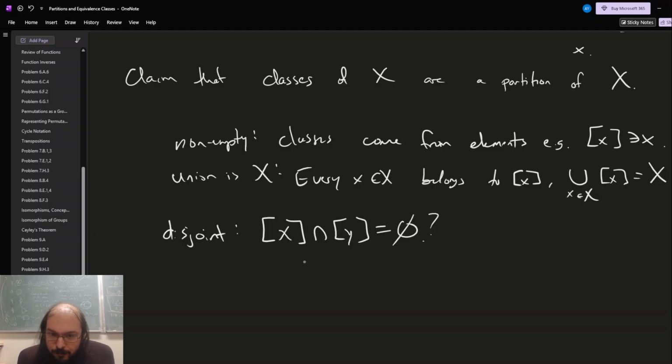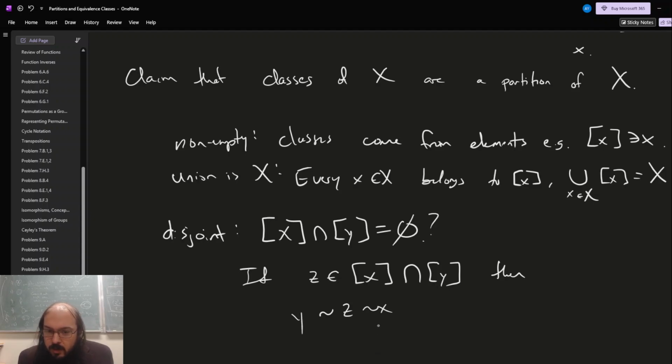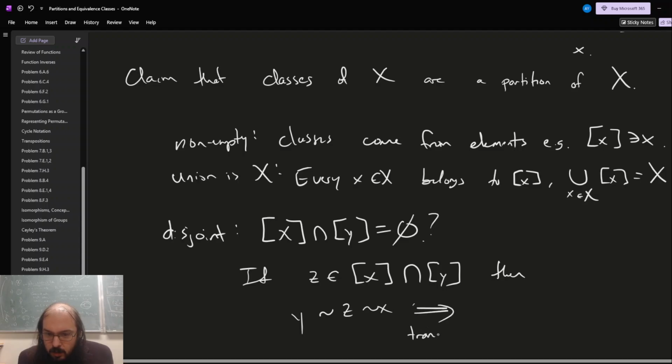But if these things are non-empty, so if we have some Z in the class of X and the class of Y, then Z is equivalent to X and Z is equivalent to Y. And so by transitivity, these two classes are equal, right?